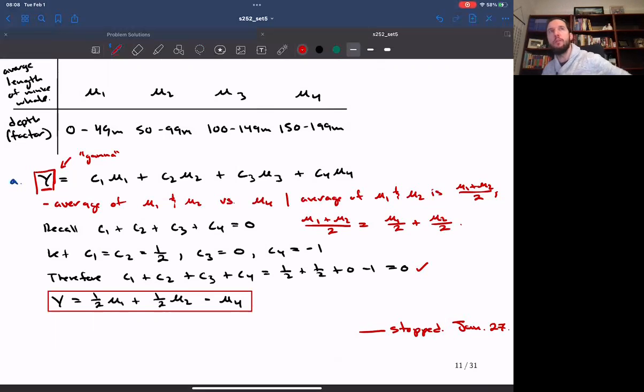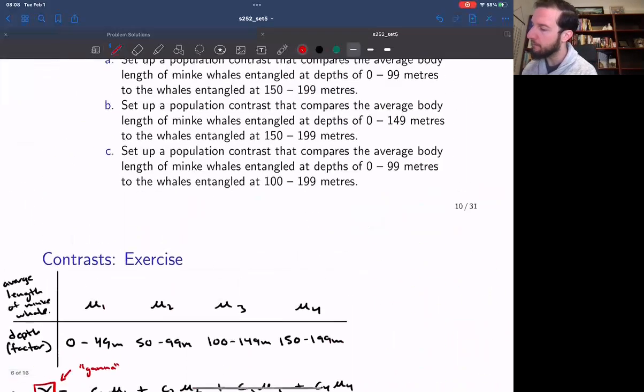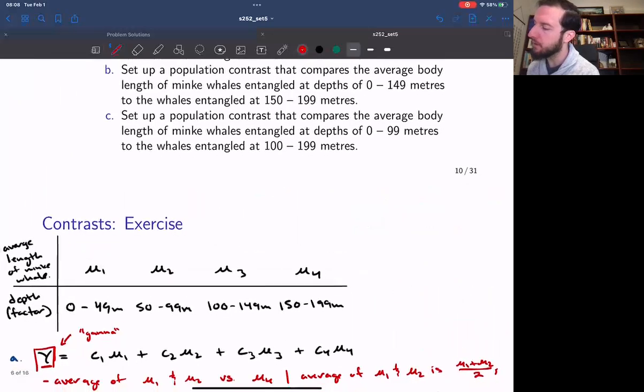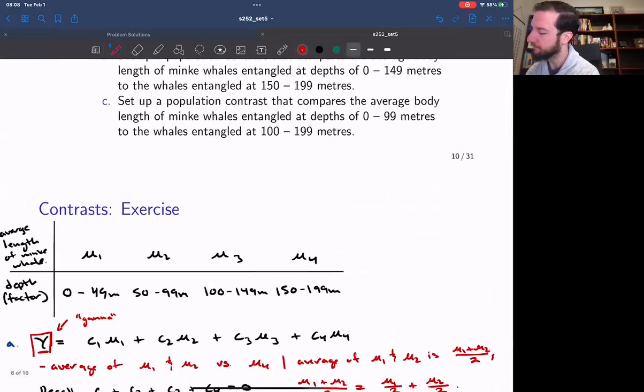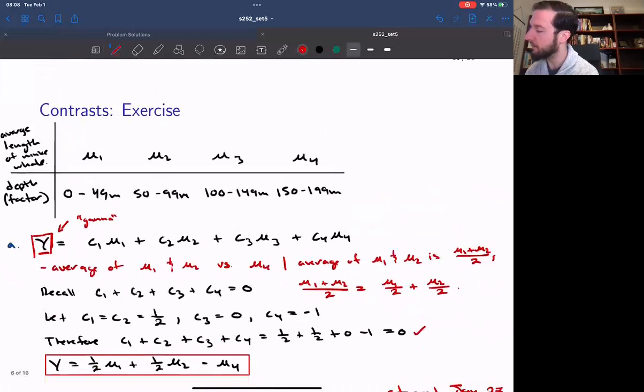Okay, so we're going to look at 2 other examples to try and familiarize ourselves with this process. In B, we have set up a population contrast that compares the average length of minke whales entangled at depths of 0 to 149 meters to whales entangled at 150 to 199 meters.